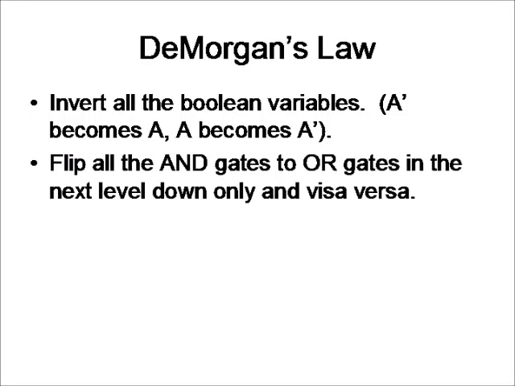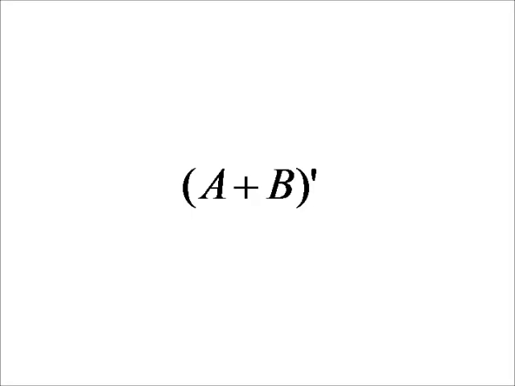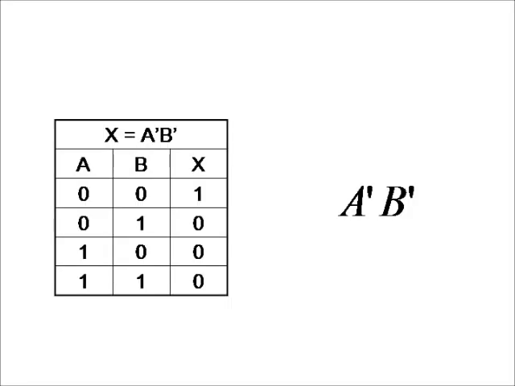And then we flip all the AND gates to OR gates in the next level down only, and vice versa. And I'll explain what I mean about that later. So in this case, De Morgan's law tells us that A plus B naught becomes A naught ANDed with B naught. If you fill out the truth table for A naught ANDed with B naught, you notice that it is identical to A NOR B.